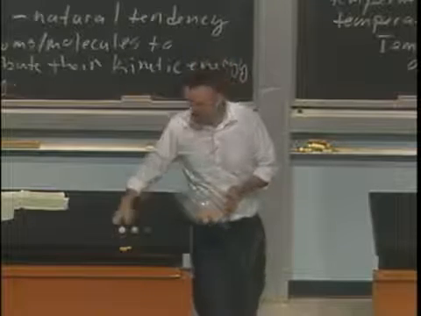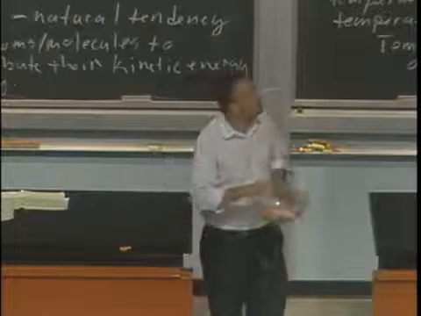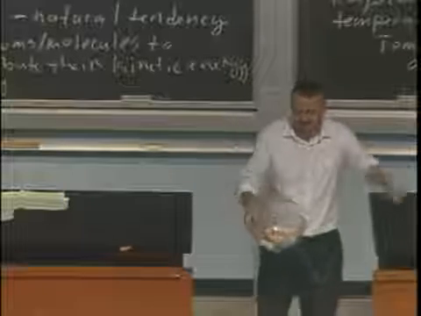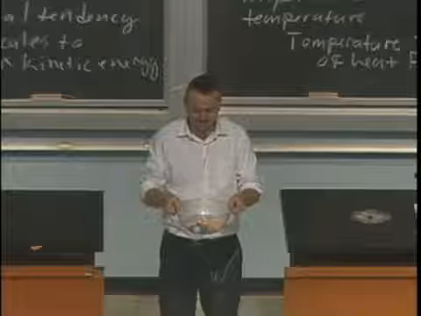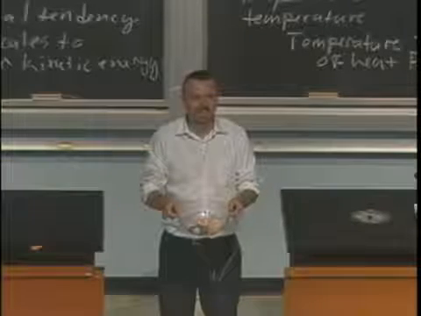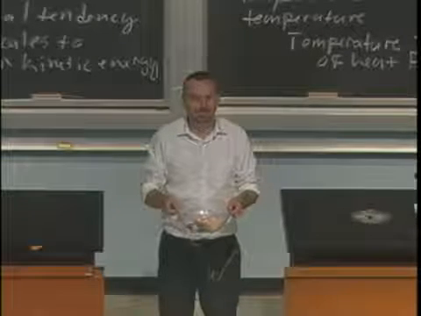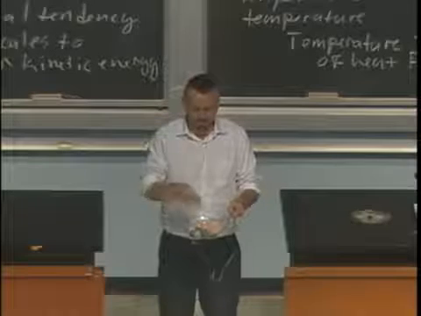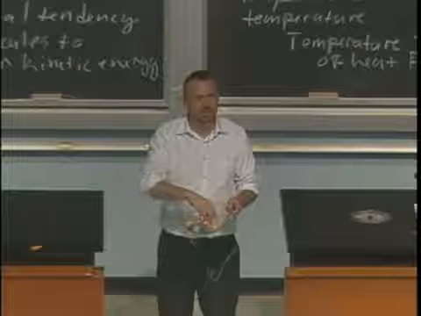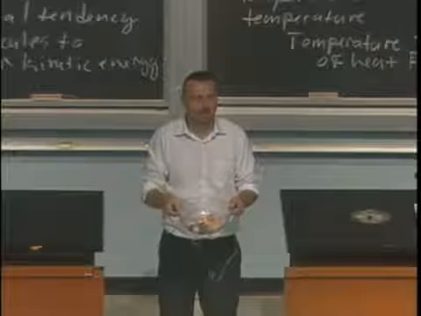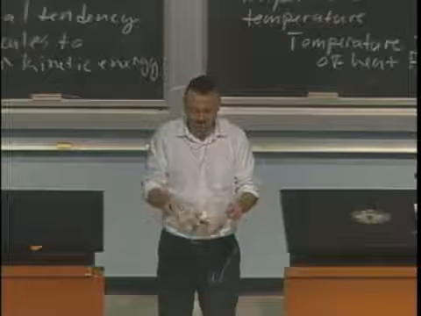So let's put these all together, and let's just start shaking them. I haven't done this one for a while, so let's see how this works. What we'll see is that the balls with the highest speed should be jumping out faster than the ones with the lower speeds.